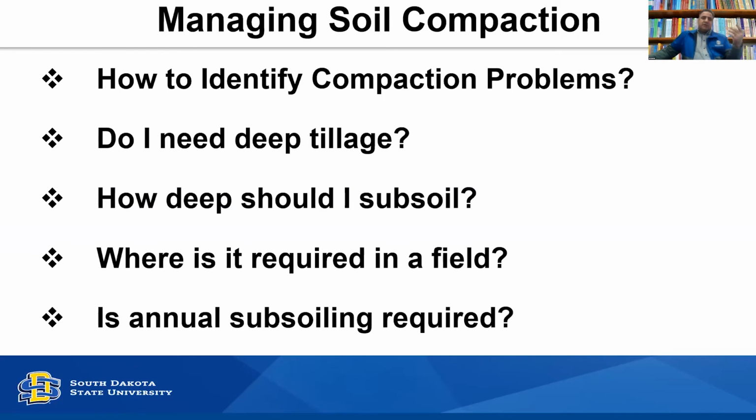The questions about managing soil compaction we have to ask are: how to identify the soil compaction problems, and do I need tillage or deep tillage? How deep should I go? And where is it required in my field? Do I need it for the entire field or some area? Is annual subsoiling required?